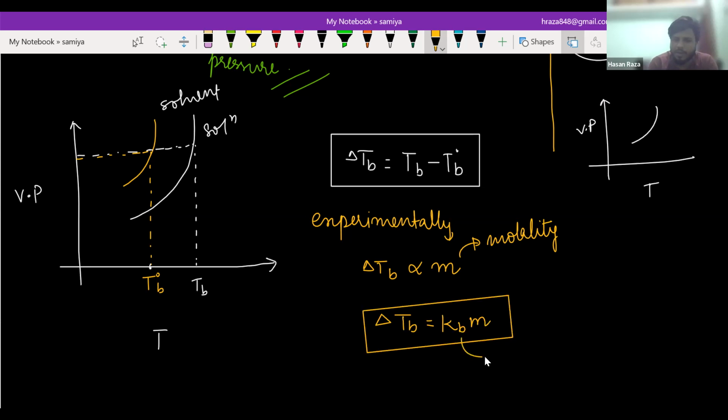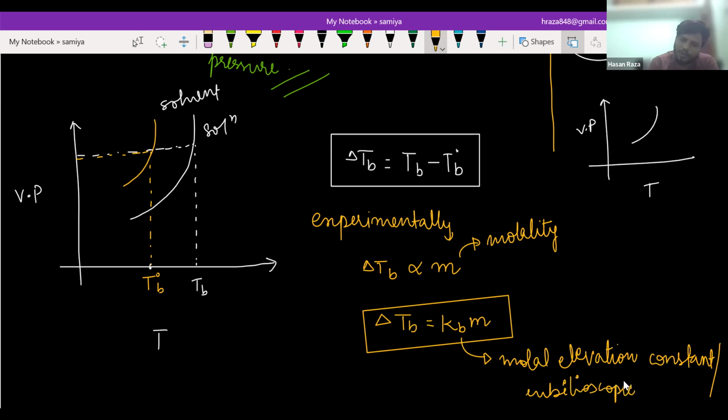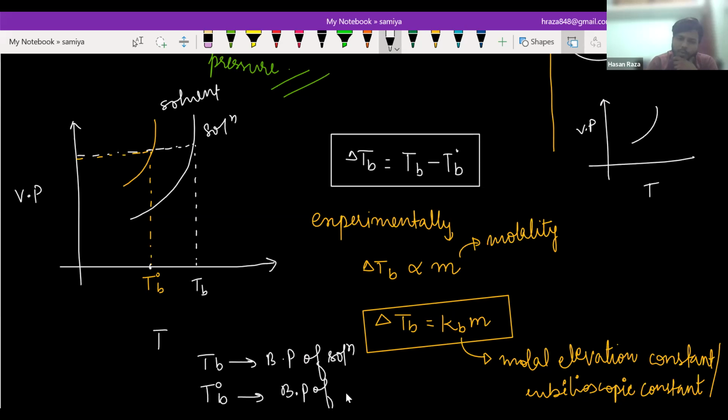This is the molal elevation constant, also known as the ebullioscopic constant. So this is the formula for this, and here TB is the boiling point of the solution, and T naught B is the boiling point of the pure solvent.